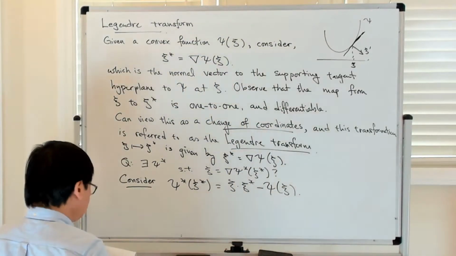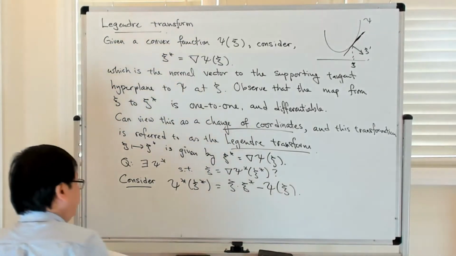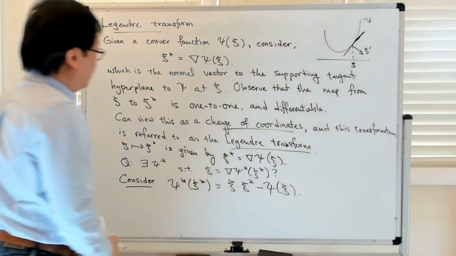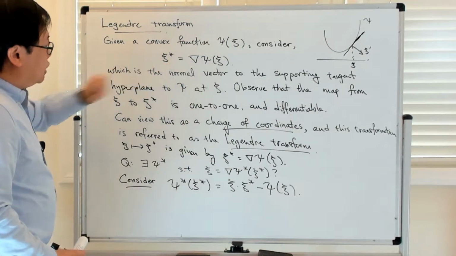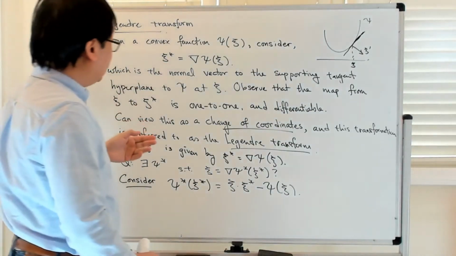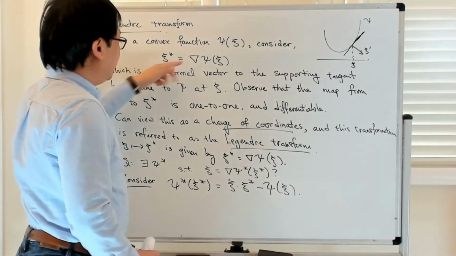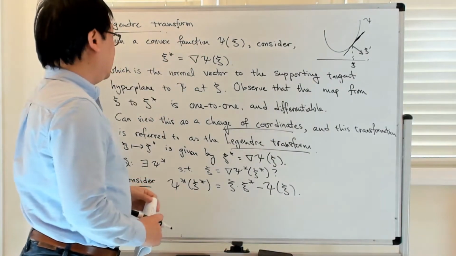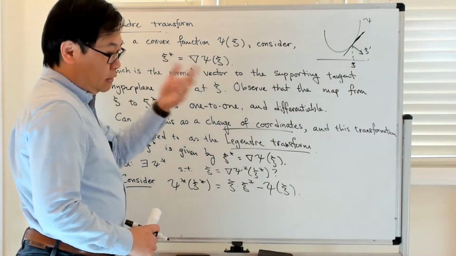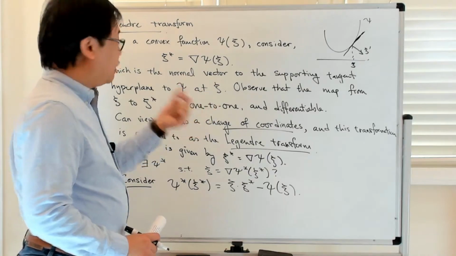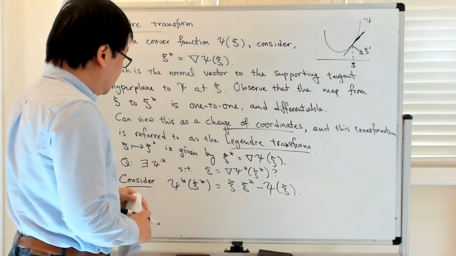And if you know something about mechanics, then for example, if you had a Lagrangian, the momentum is given by the derivative of the Lagrangian with respect to the velocities. So there's this duality between the velocity variable and the momentum variable.